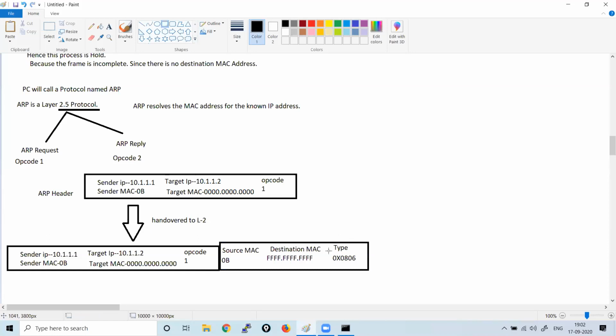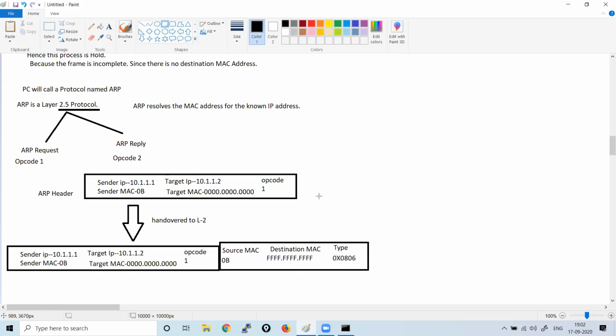What this type field is mentioning is that it has some data which it has received, and who has given that data is dependent on this field. 0x0806 means who has given this data to layer 2? ARP. Correct. Exactly. ARP is the one who has given this data.